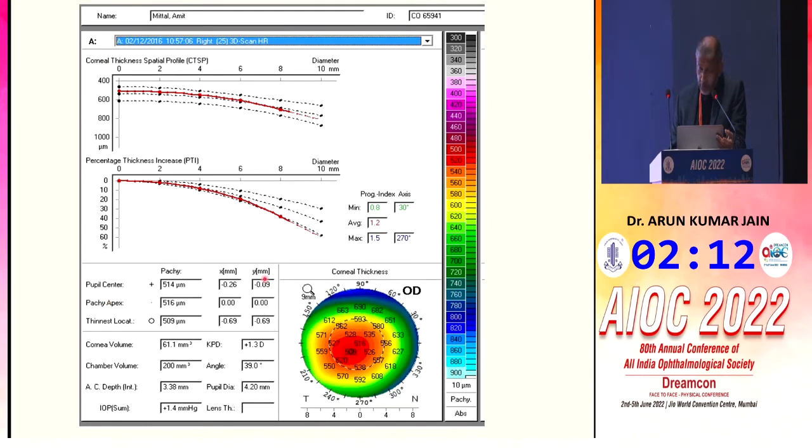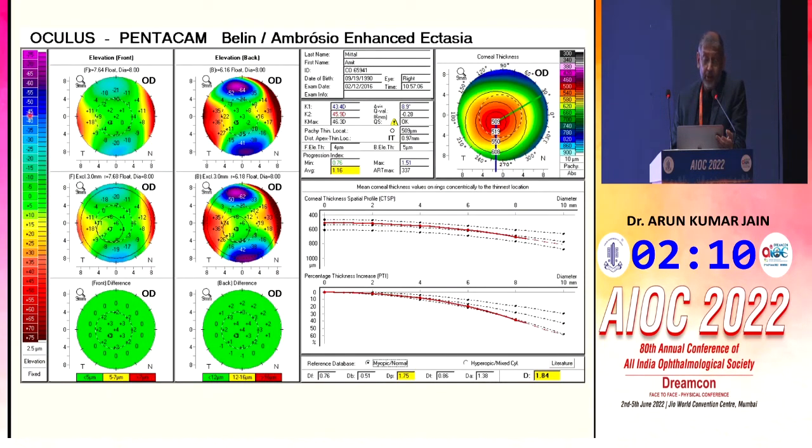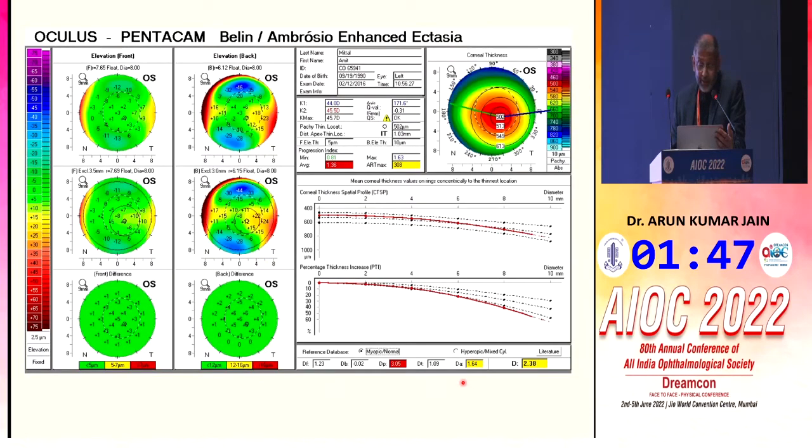Pachymetric progression is normal, but once you go to the Belin map, the pachymetric progression is in the yellow area, so one has to be careful, as well as the D value is also more than 1.6 standard deviation. So you should wait and watch and take a family history. If the patient has a family history of keratoconus, you should avoid doing surgery in these cases.